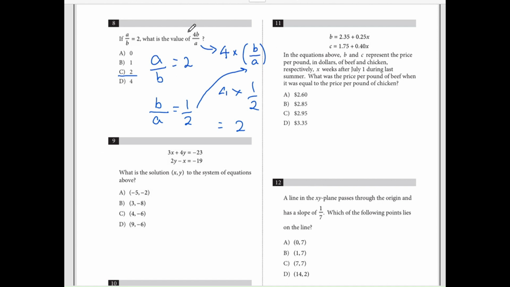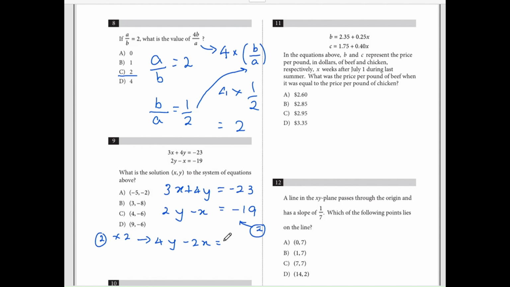Question number 9. 3x plus 4y equals minus 23, and 2y minus x equals minus 19. Here we can multiply this equation 2 by 2. Then we get 4y minus 2x equals minus 38.